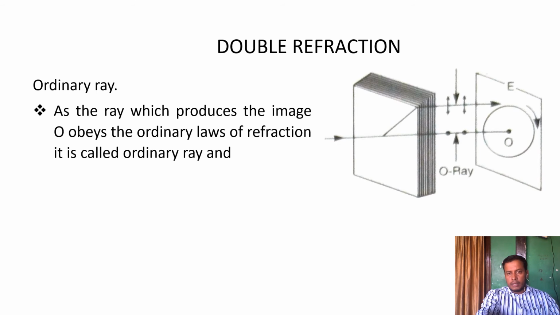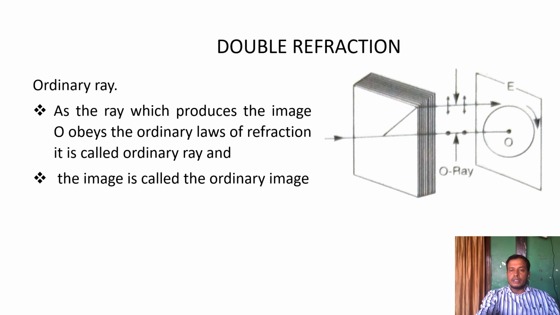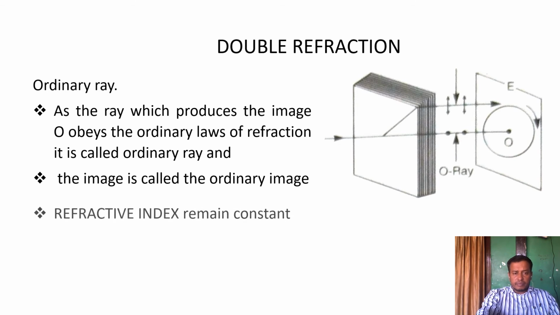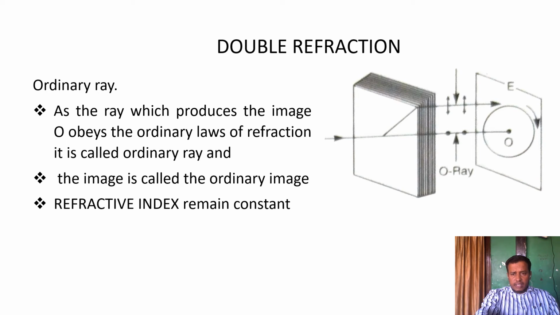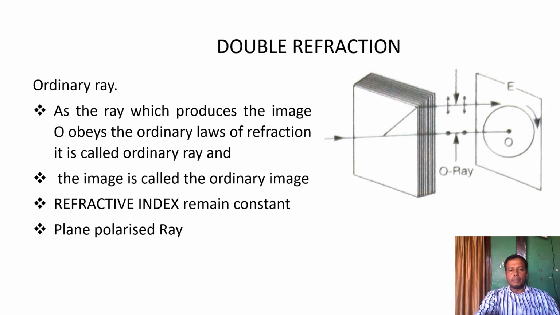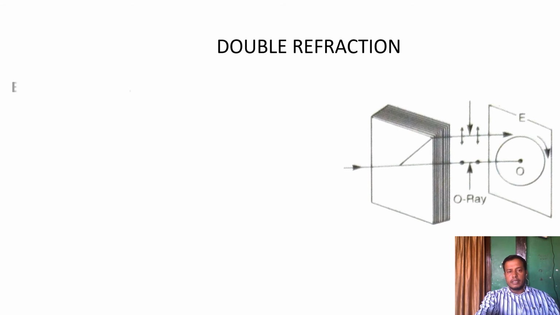The ray obtained in double refraction that obeys the laws of refraction is called the ordinary ray, and the image is called the ordinary image. It does not change its position because its refractive index remains constant. This ordinary ray is also plane polarized, and it is perpendicular to the extraordinary ray.